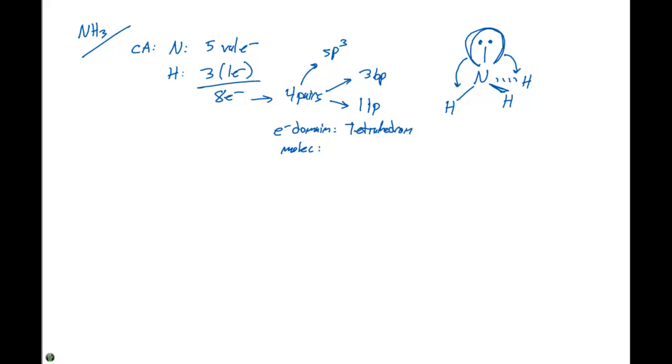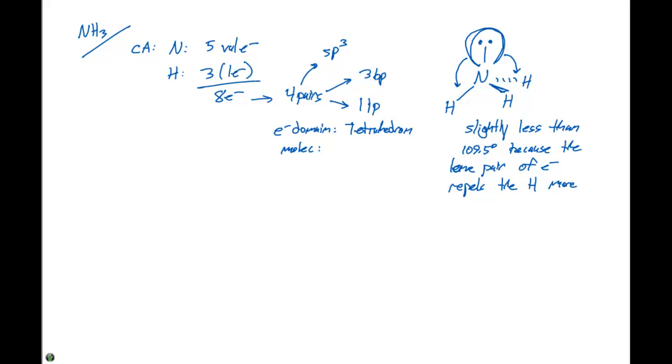So in CH4 we had a perfect tetrahedron, and in that CH4 our perfect tetrahedron had bond angles of 109.5. For ammonia, these bond angles are going to be slightly less than 109.5 degrees because the lone pair of electrons repels the hydrogens more than another hydrogen would.